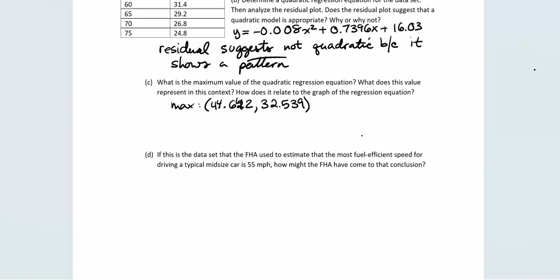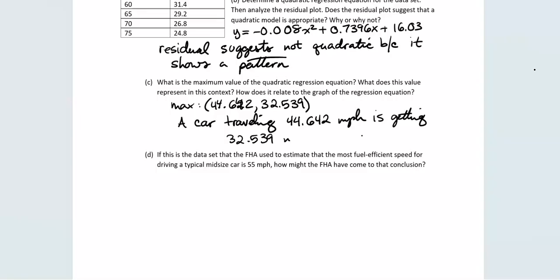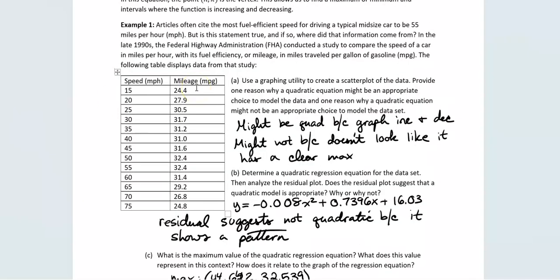So this means that a car traveling 44.642 miles per hour is getting 32.539 miles per gallon. And I'm able to know that because I read ahead, right? I actually read the situation.